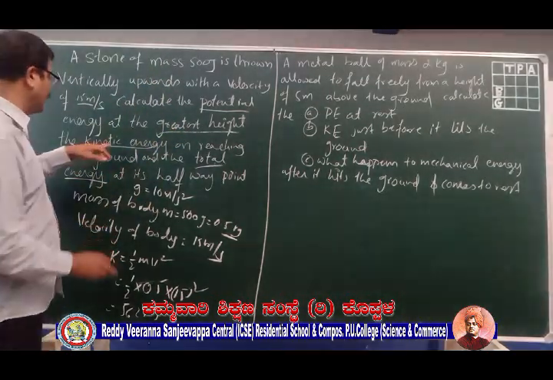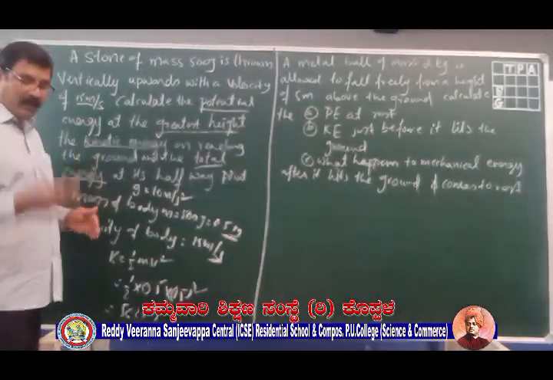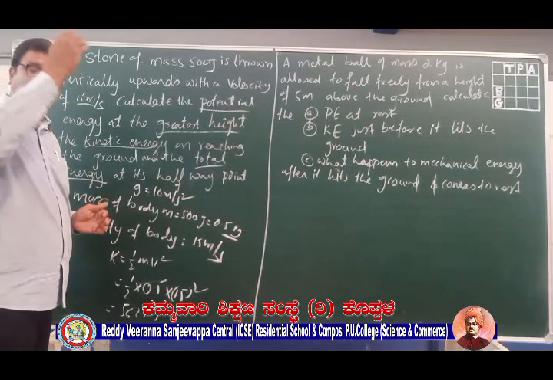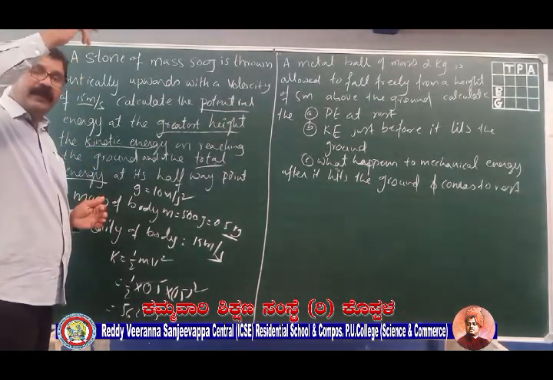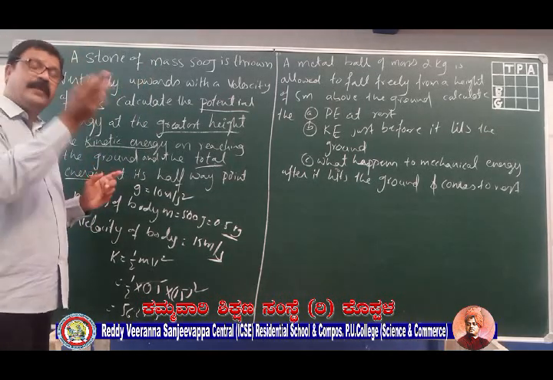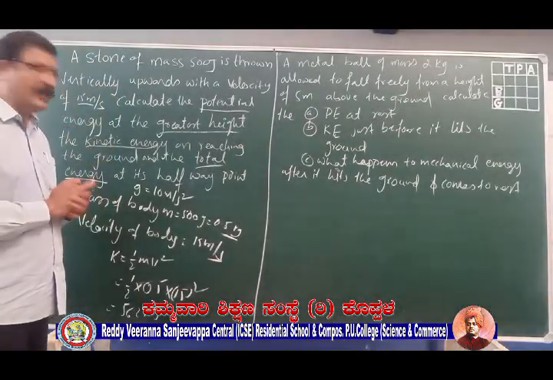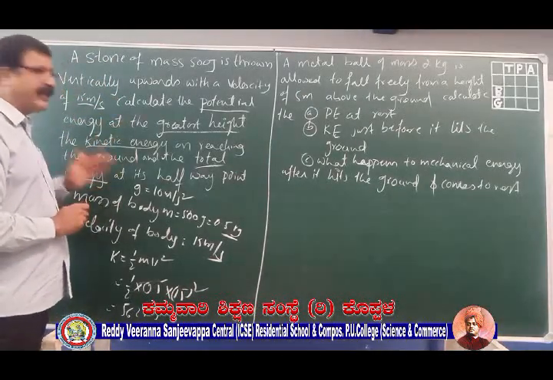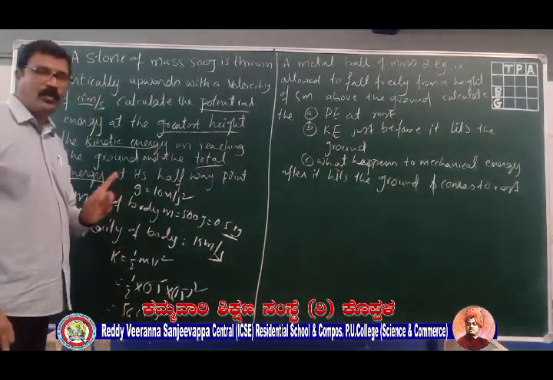What is the second question? The kinetic energy on reaching the ground. The same thing I am telling once again. The energy with which you have thrown the stone will be converted to potential energy at maximum height, and the same energy will be reconverted back into kinetic energy before it reaches the earth. Therefore, at any point of the path, the energy will be the same, that is 56.25 joules.